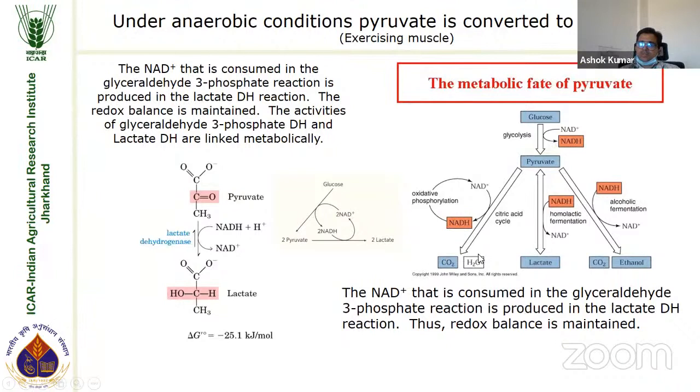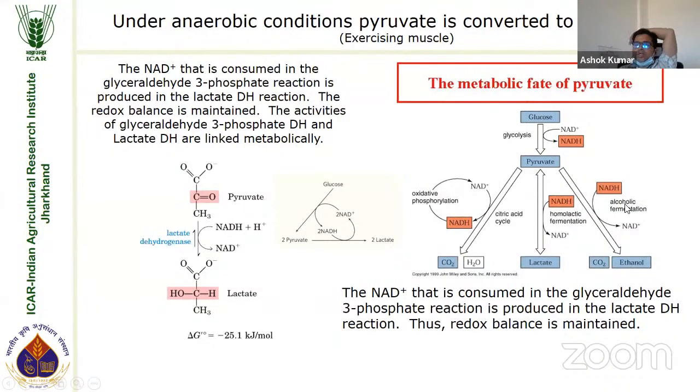In anaerobic condition, whatever NADH is produced in the glycolysis pathway is consumed here to reduce this pyruvate into lactate. Similarly, under fermentation, this NADH is consumed to produce ethanol.